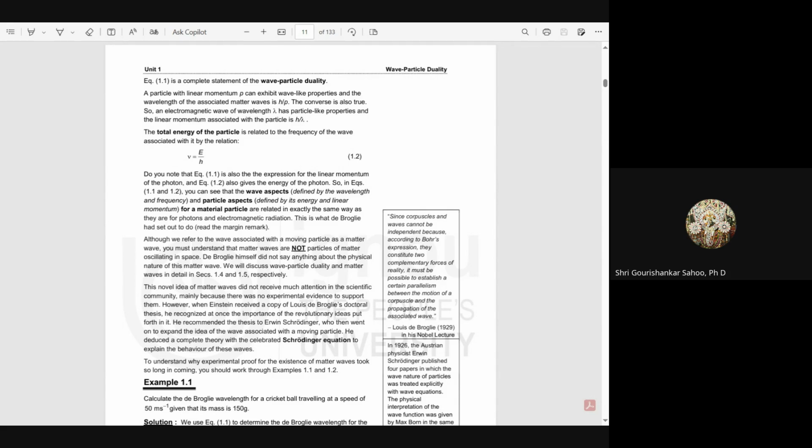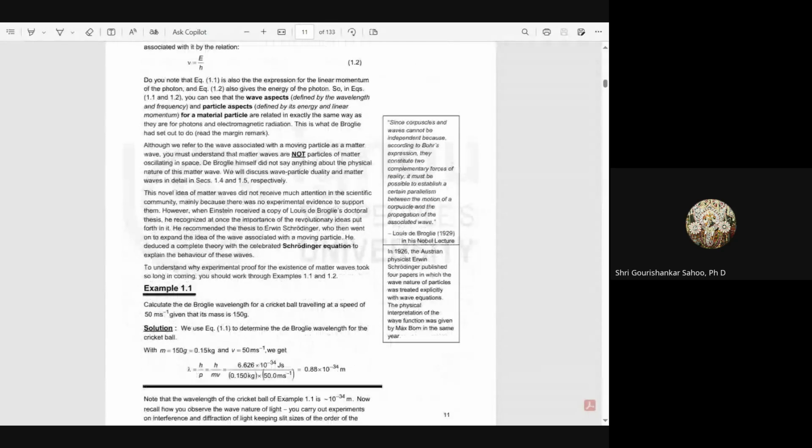Then Huygens and others used the wave concept and considered light as a wave to explain diffraction, interference, and many scientific experiments. And in 1926, Austrian physicist Schrodinger published 4 papers in which the wave nature of particles was treated explicitly with a wave equation, and the physical interpretation of that wave equation was given by Max Born, which will be discussed in our later classes.